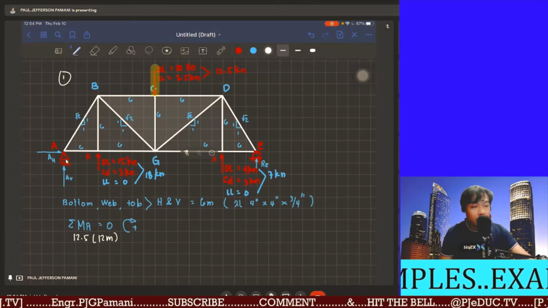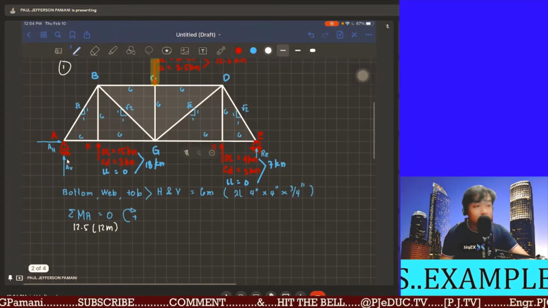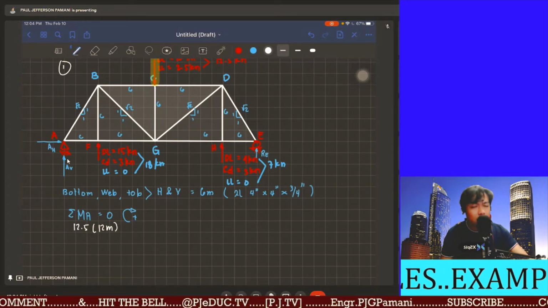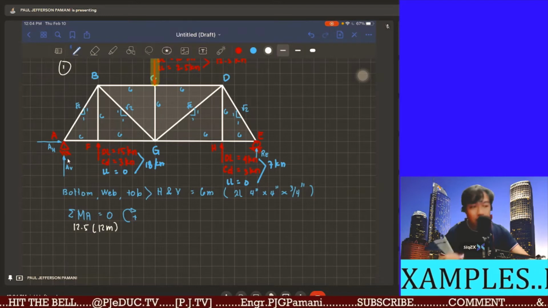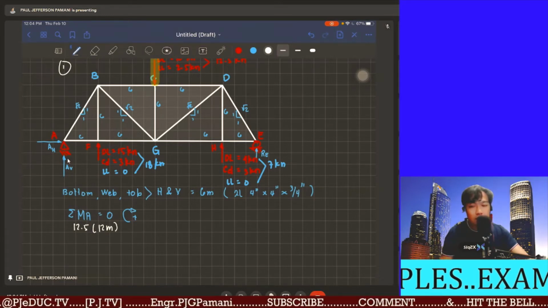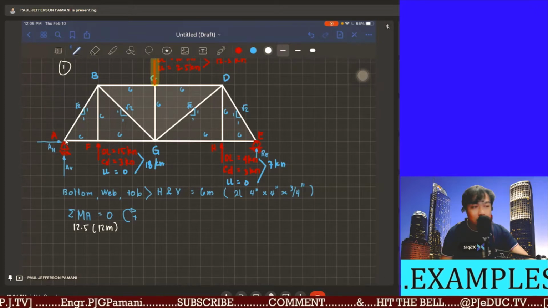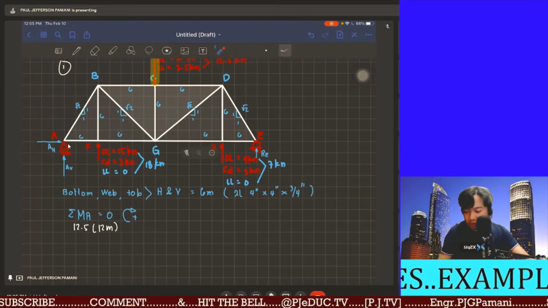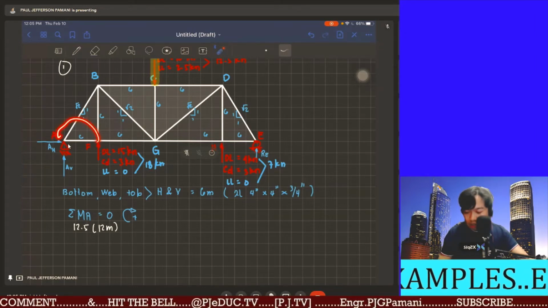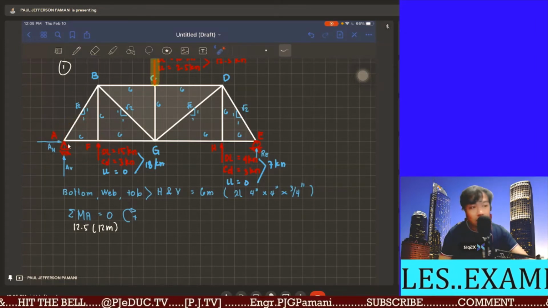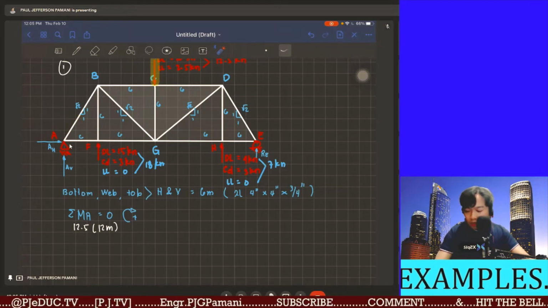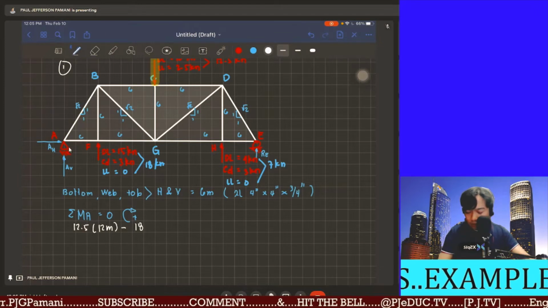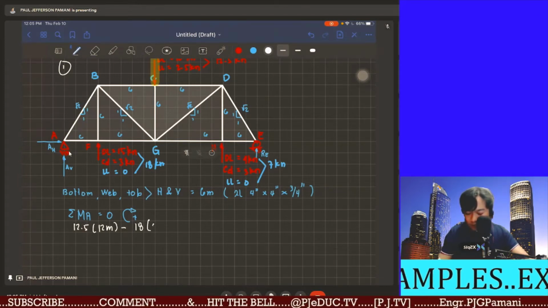Upward going point A. Gaano kalayo? 6. 6. Clockwise, counterclockwise. Counterclockwise at 6 meters, right? So, counterclockwise minus total load 18 kilonewton towards point A of 6 meters.